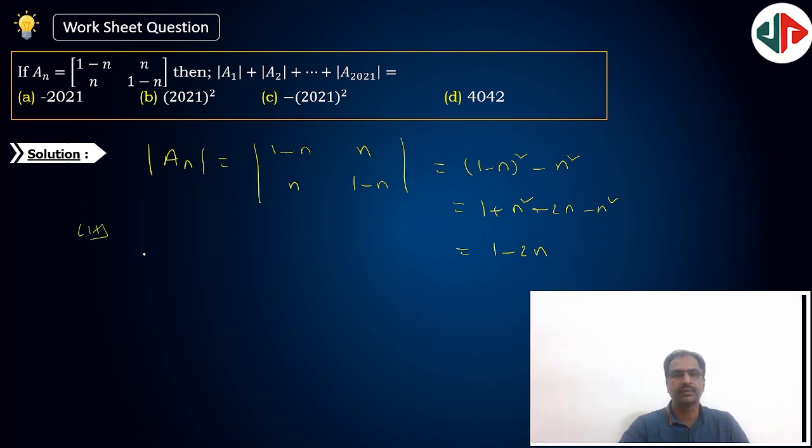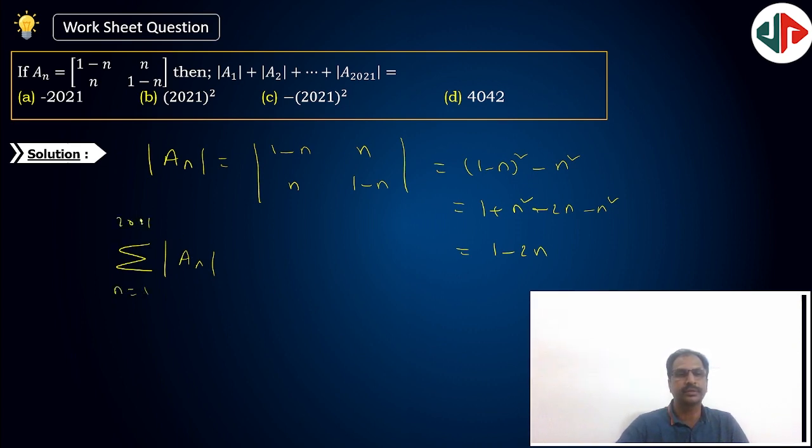Delta A1. What is delta A1? Put n is equal to 1, you will get minus 1. Delta A2. Put n is equal to 2, you will get minus 3. Delta A3. Or instead of that, the required value delta A1 plus delta A2 and so on can be written as sigma delta AN, n is equal to 1 to 2021.